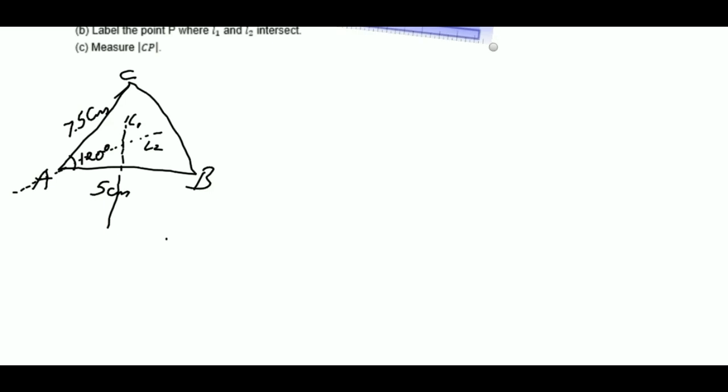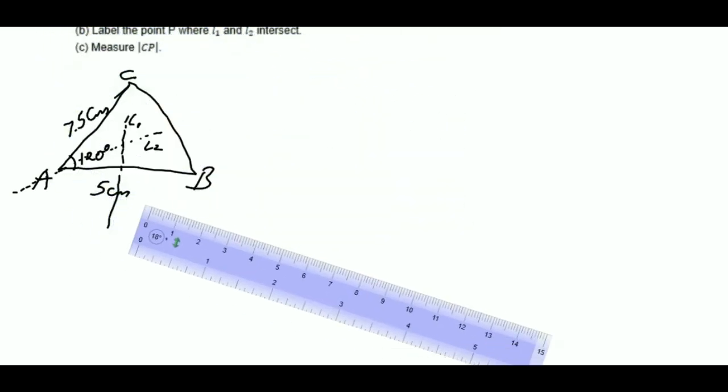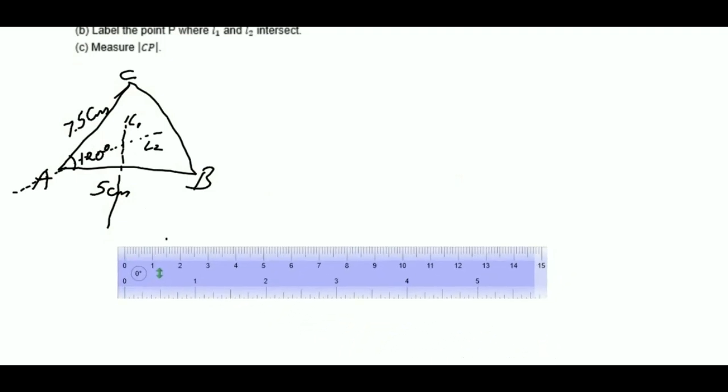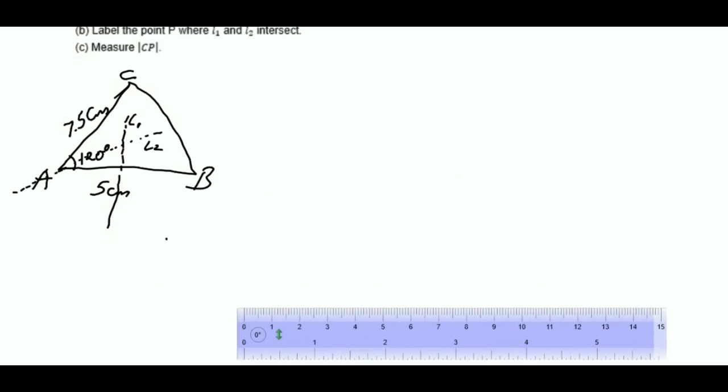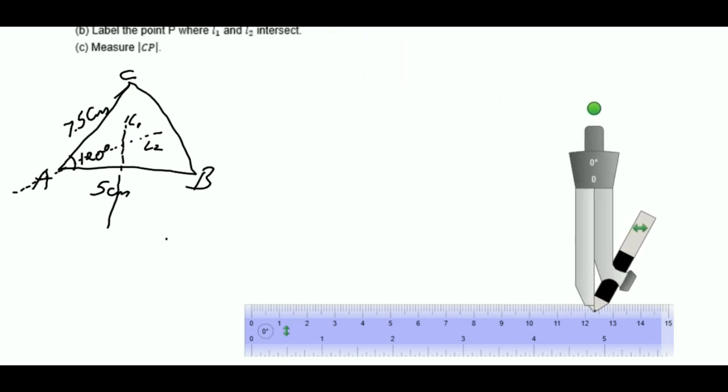Here is my ruler. Then I also need a pair of compasses. So here's my compass. These are the two instruments that I need.